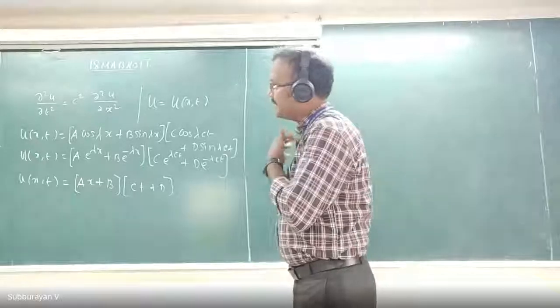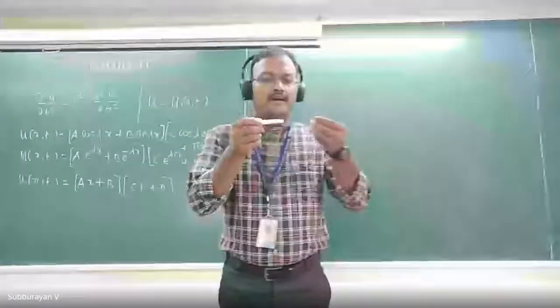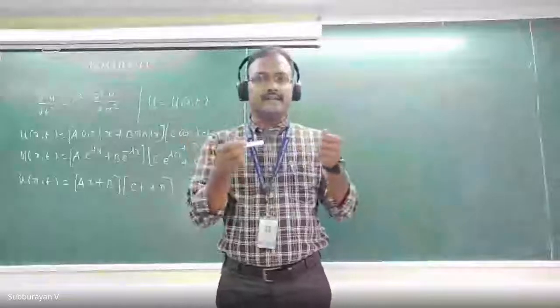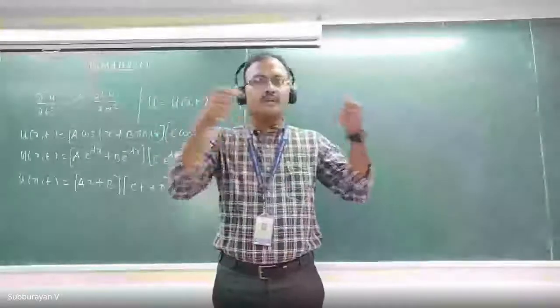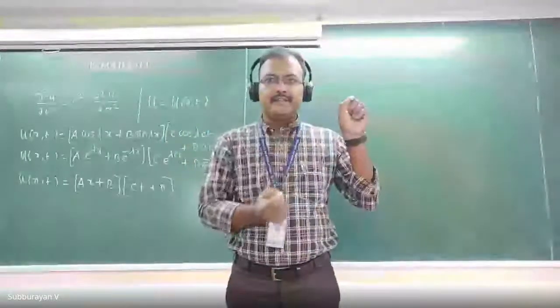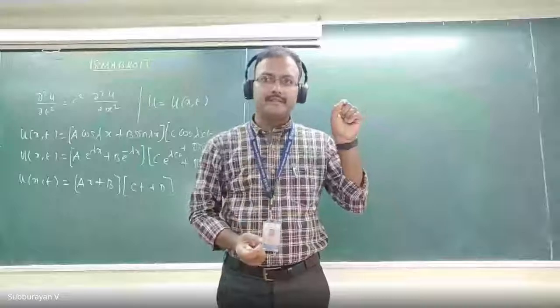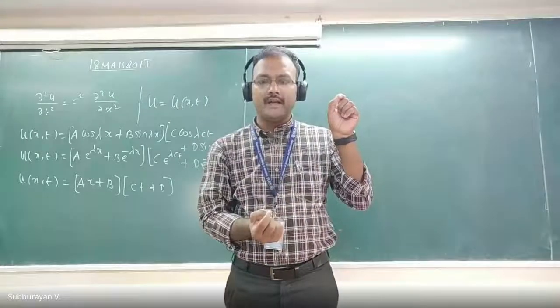These are the possible solutions of the one-dimensional wave equation. Consider a situation: you take an elastic string, stretch it, and fix it at two points, then disturb the middle point. You just pull that middle point of the string and leave it.